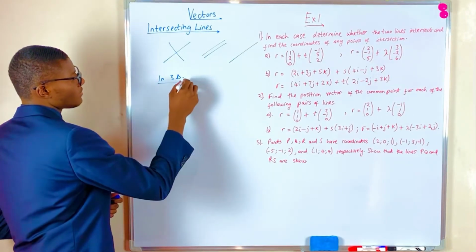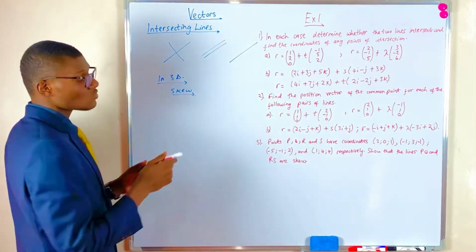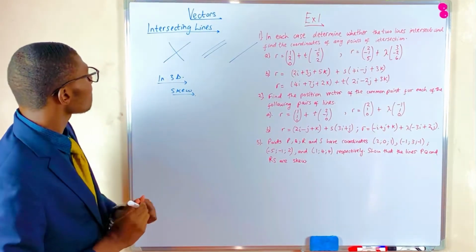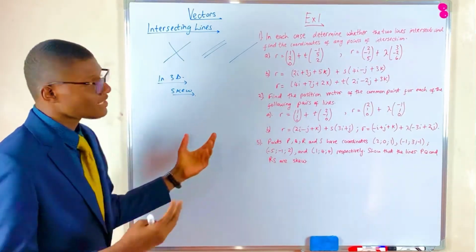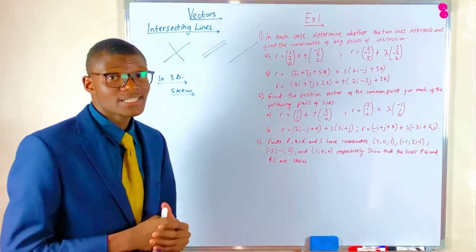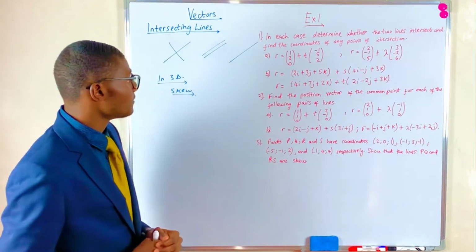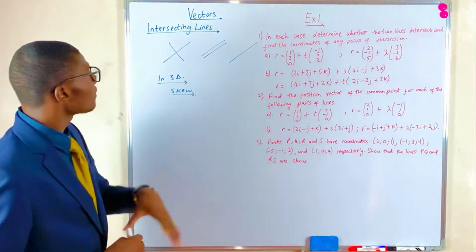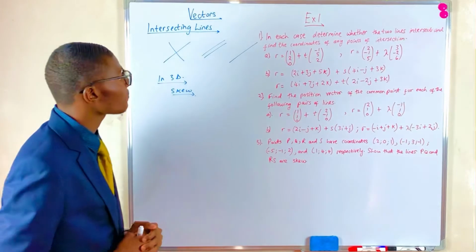So in 3D they are skew, meaning that they neither have a common point and they're in different directions. So this was what we had to look at under intersecting lines.